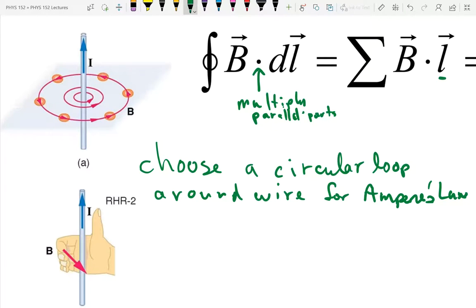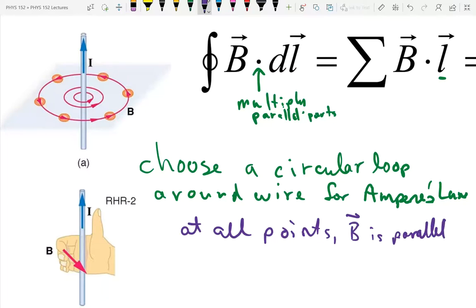So I choose that circular loop, and because of our symmetry, as I go along that wire at all points, the magnetic field is parallel to the length. Well, that makes life easy because if they're parallel, a dot product is multiplying the parallel parts. So B dot L just becomes B times L. That's easier.